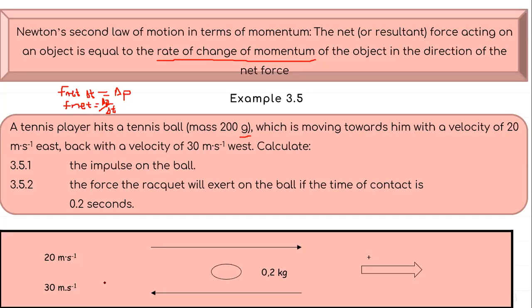What we can note is that there is a change in momentum. So we must get the net force. Rather, we must calculate the impulse on the ball. Now we are choosing the original direction, which is east, as positive. In other words, west is going to be negative.